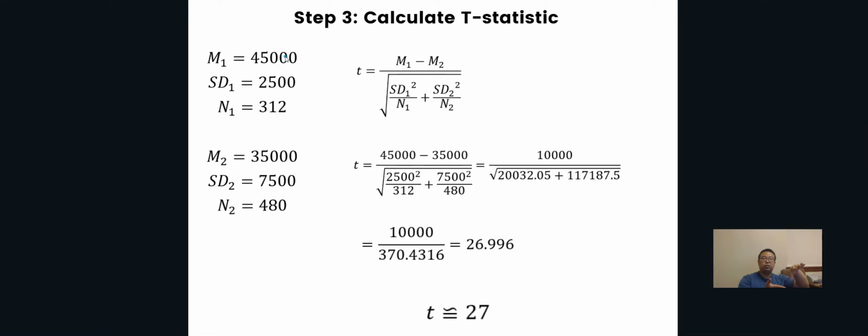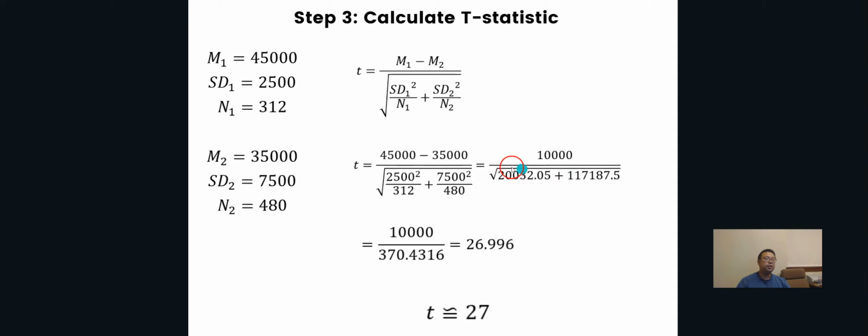So please make sure, this part will be very important because this is an example of putting in the numbers. The mean of the first group here, right? So 45,000 minus 35,000 of the second group divided by the square root of the squared standard deviation of the first group and squared standard deviation of the second group divided by number of cases of the first group and the number of cases of the second group.